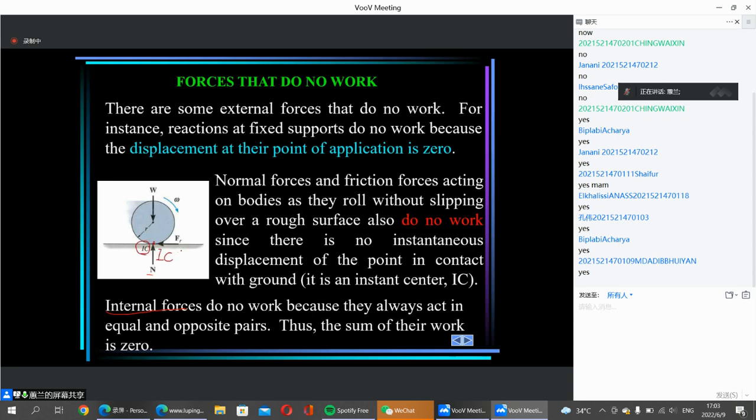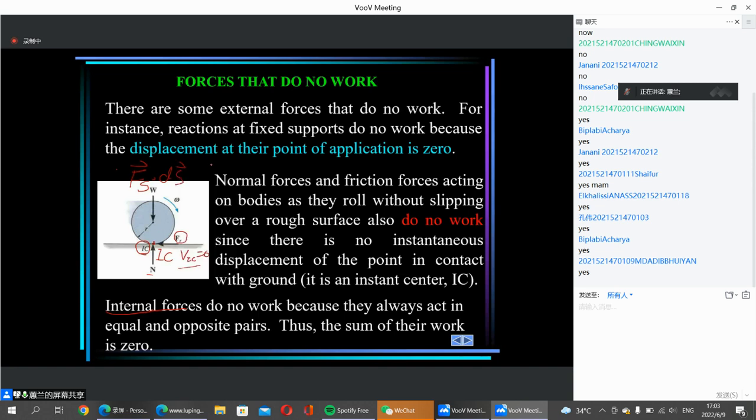So the velocity of the IC is always equal to zero. For no slip rolling, the velocity of the IC equals zero. We know the work is Fs dot ds.